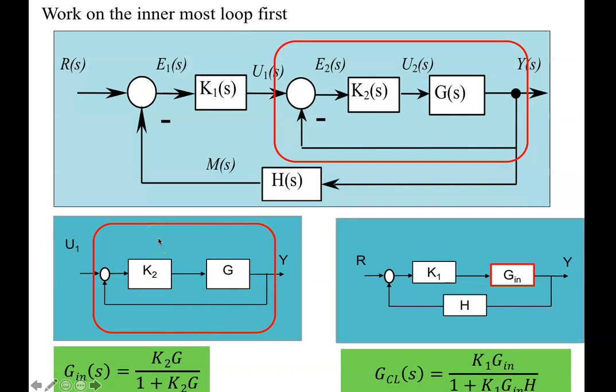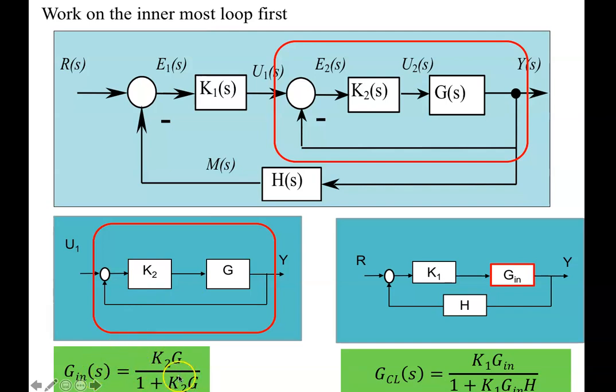If I want to derive the transfer function from U1 to Y, all I need to do is say, in the feed forward path from U1 to Y, it's K2 times G. So I'm going to put that in the numerator. In the feedback loop, I also have two terms. Because this is unit gain, there's no H here. So it's 1 plus K2 times G as well.